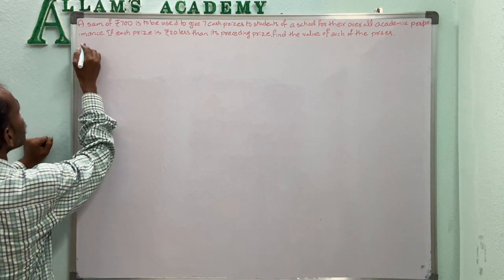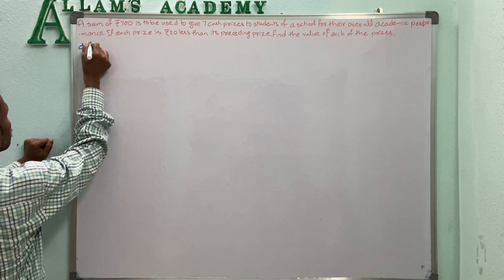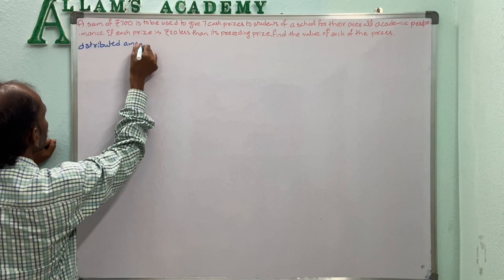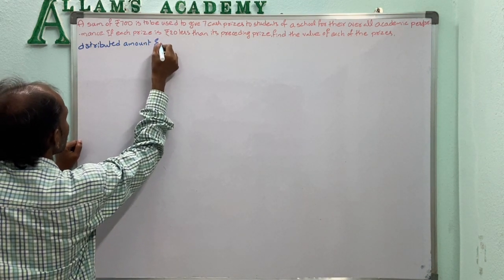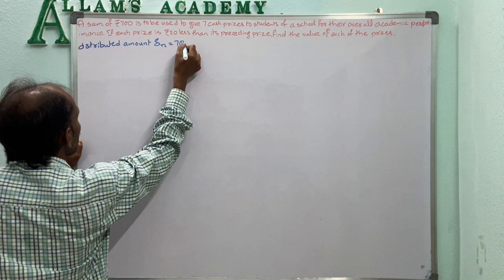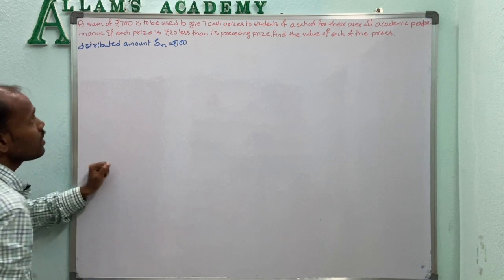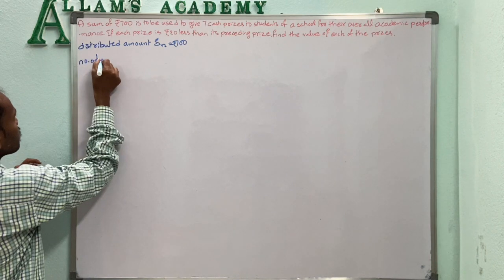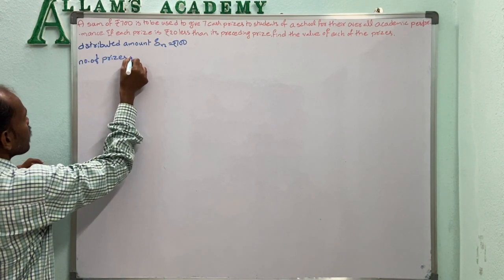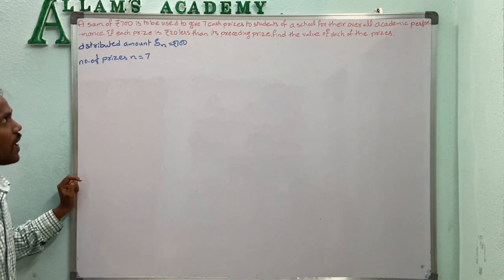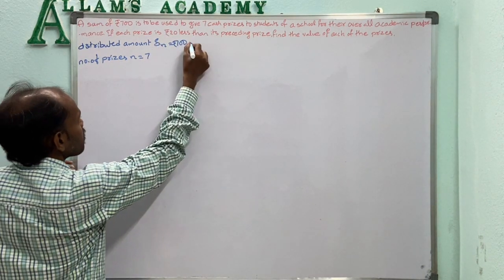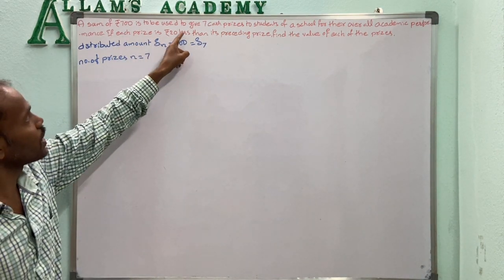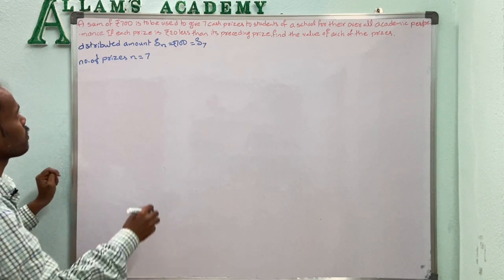So the distributed amount is nothing but Sn, that equals 700 rupees given. Now here 7 cash prizes, so the number of prizes is nothing but n equal to 7. So here Sn is nothing but S7, and here each prize is given as 20 rupees less than its preceding prize.